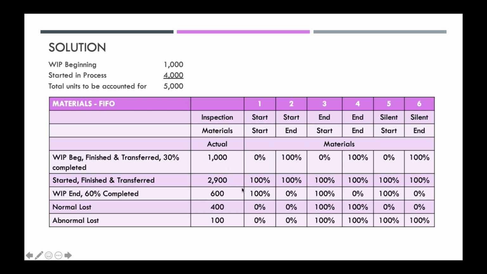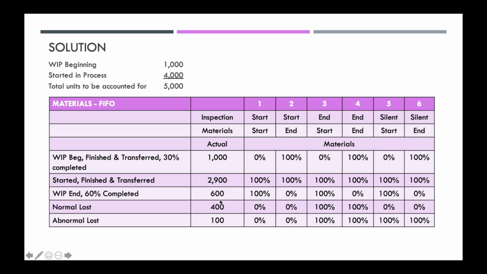Started, finished, and transferred is 2,900. How did we get to 9? Dun sa given natin, we have 600 ending, normal loss of 400, abnormal loss of 100. This is 1,100. So kung 1,000 na to, 1,100 na ito, therefore ang balancing figure natin is 2,900. Yung 2,900 started, finished, and transferred to the next department.